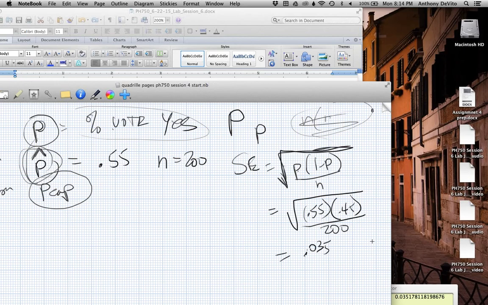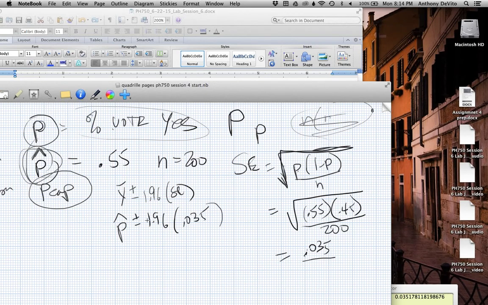So now how do I calculate my confidence interval? Well, remember before we calculated by using X bar plus or minus 1.96 times my standard error. In this case, I'm going to use P cap as my point estimate, plus or minus 1.96, and now my standard error is going to be this percentage, 0.035.